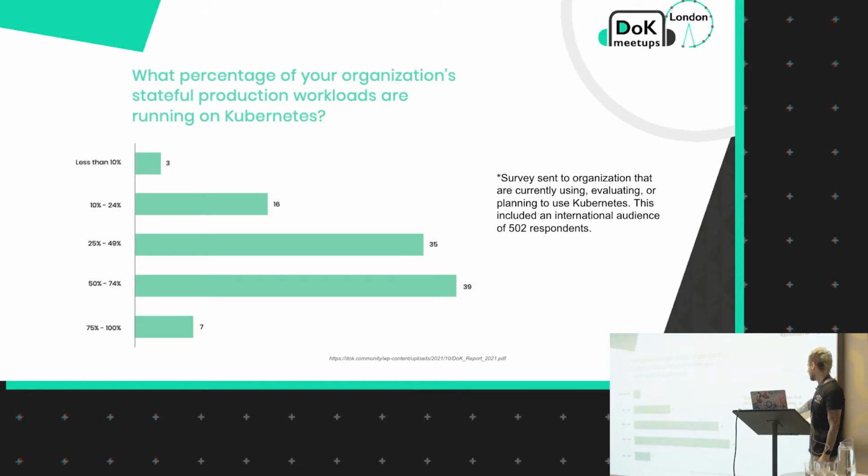And it's not like 5 people, right? It's 502 respondents from various enterprise sizes and different verticals. So across the board, the trend is really to run stateful applications within Kubernetes because simply, the platform has matured enough.